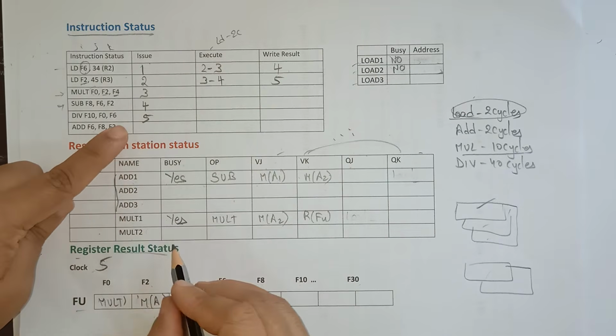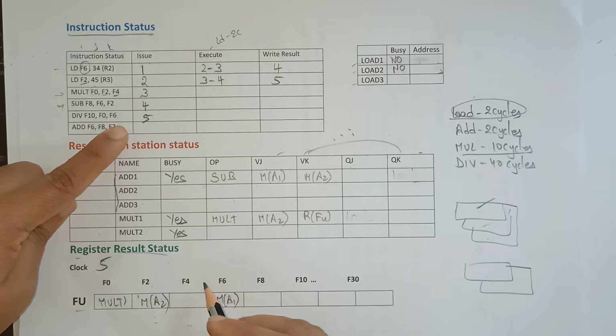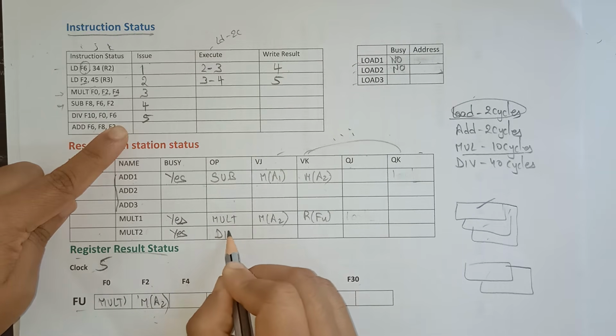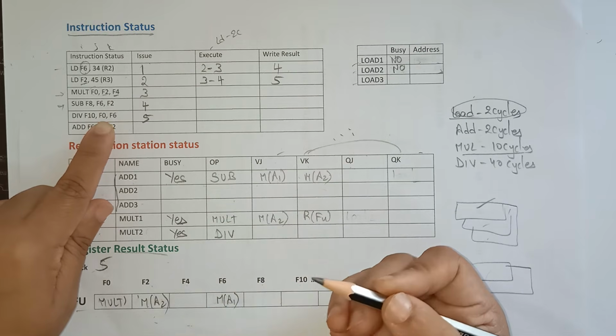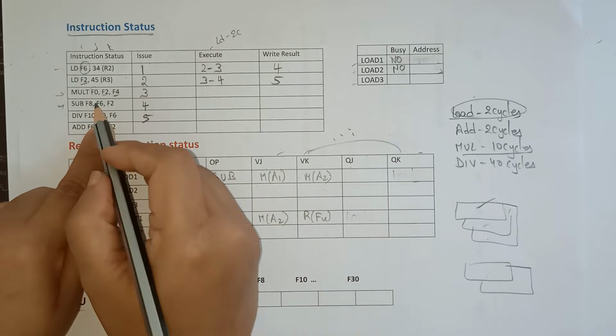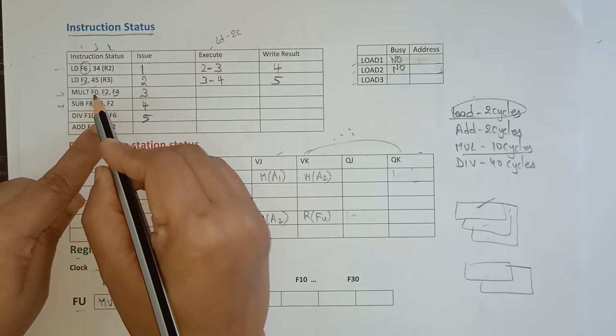Whenever the division is started, Multiplier 2 is yes. What operation? Division operation. So what are F0 and F6? F0 is busy with the multiplier. It's a destination value, right?